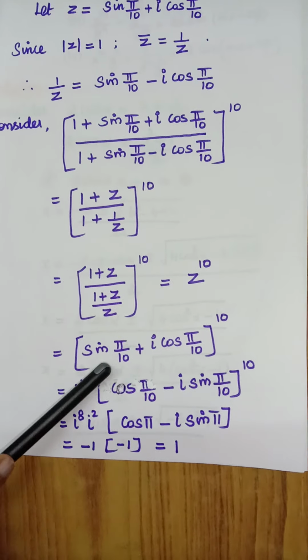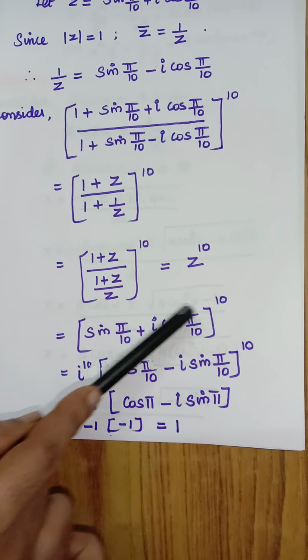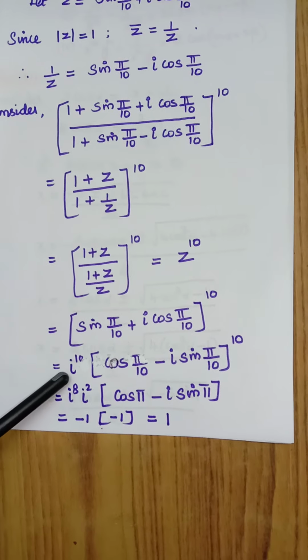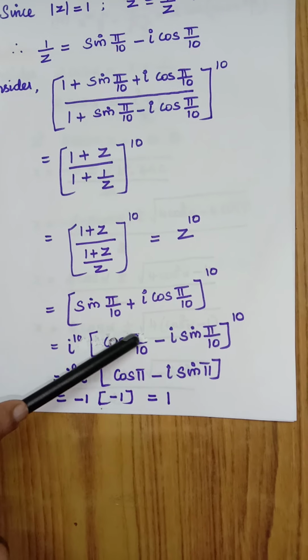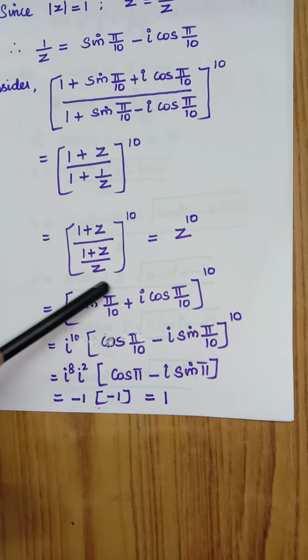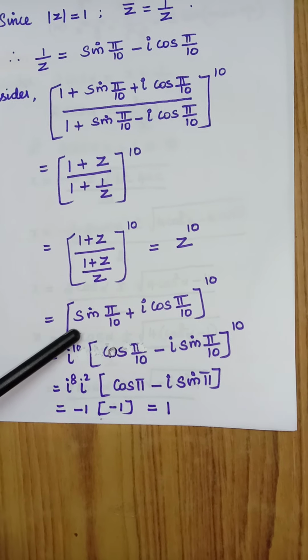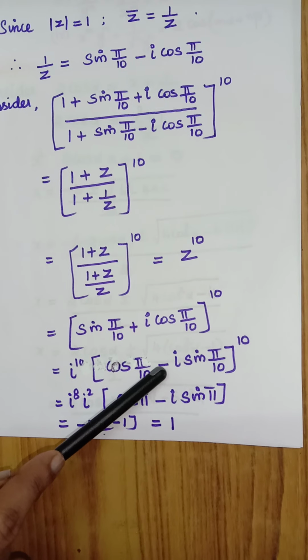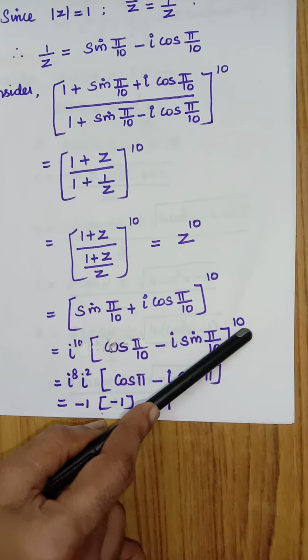But what you have to do is take i out. While taking i out, you have to take it along with the power. So I have taken i power 10. So this term is cos pi by 10. Here you don't have i, so you have to divide by i. Instead of writing 1 by i, you can write minus i sin pi by 10, the whole power 10.